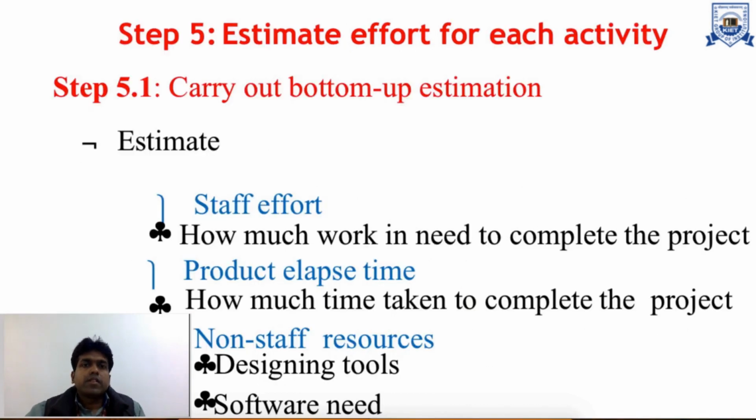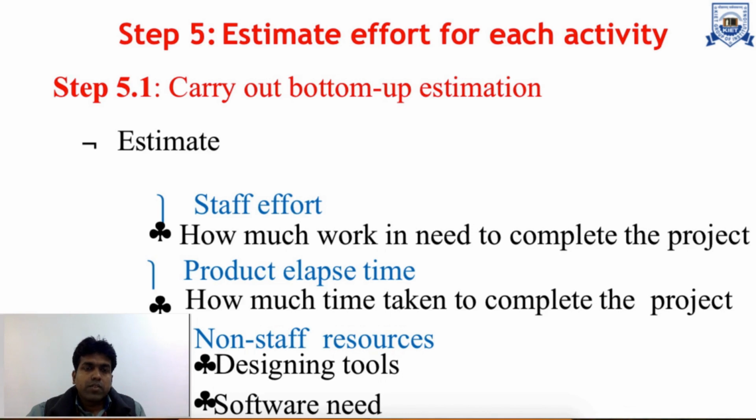Next step, that is step 5, is estimate efforts for each activity. Here we will estimate the efforts of each activity involved in the project. Suppose staff is there, so we'll have to check how much work is needed to complete the project.